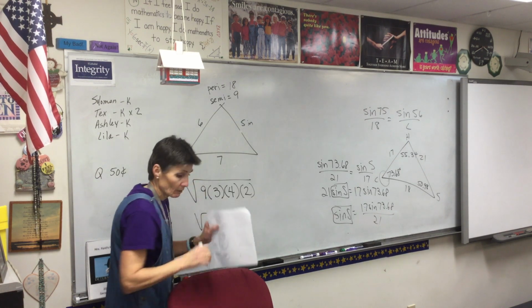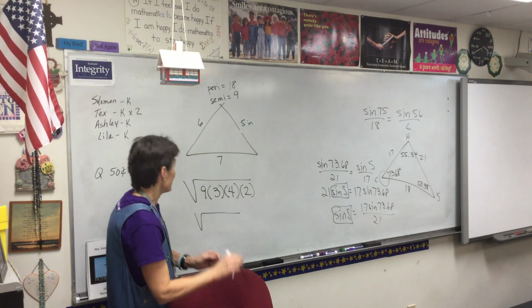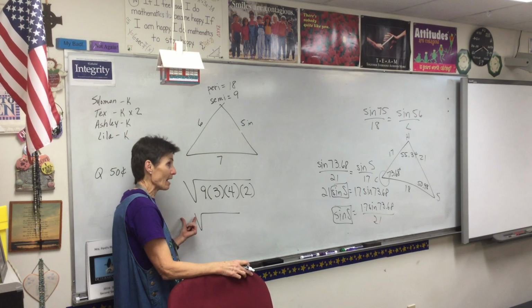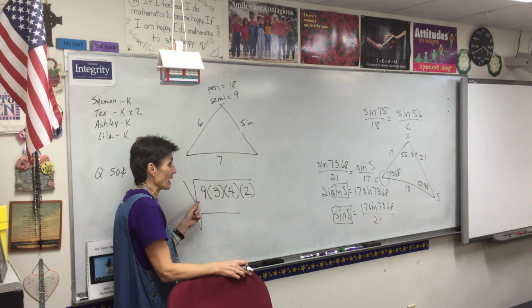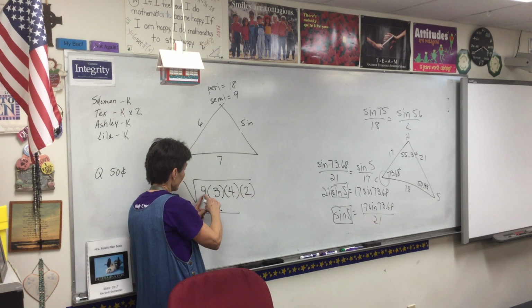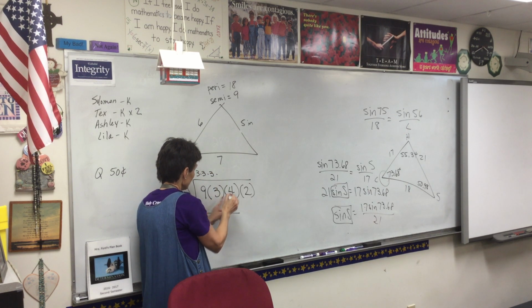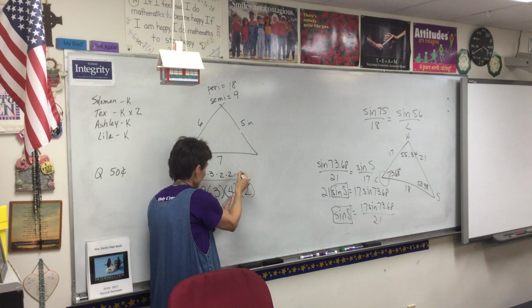Now, you can use a calculator if you want. I'm not going to, because if I'm answering this exactly, I need to break down this radical. And it's already kind of broken down. So I have a 3 times a 3 times a 3 times a 2 times a 2 times a 2.